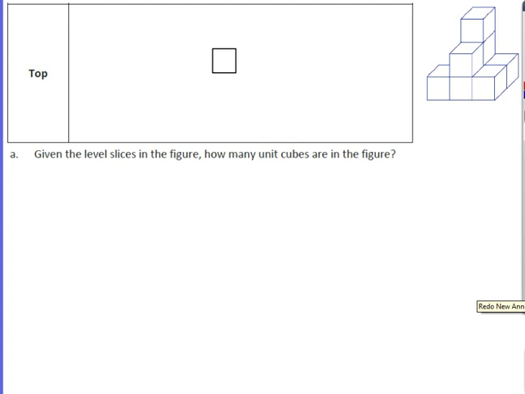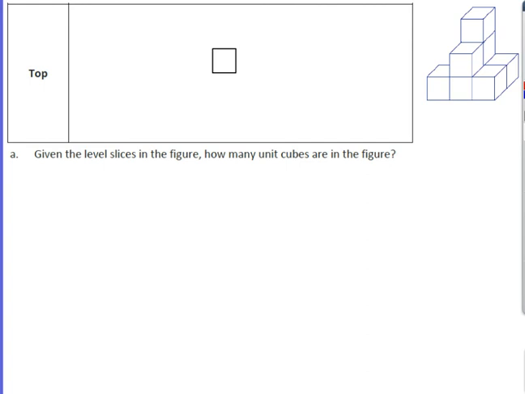So there's my 1. Now, one of the great uses of slicing these figures is that if you break them down into different slices, then you can really see what the figure is made up of. And so now we can get an idea of how many cubes make up this figure.